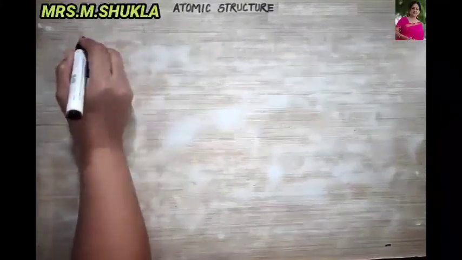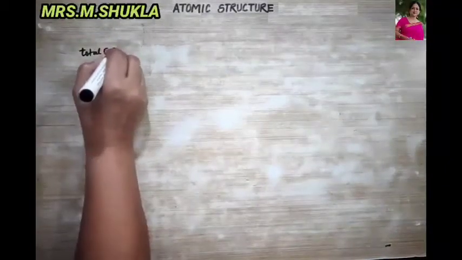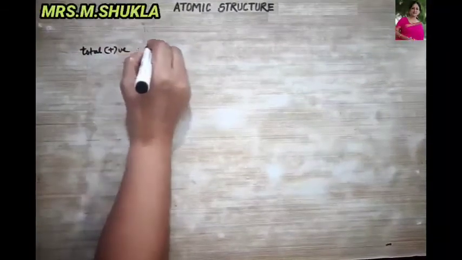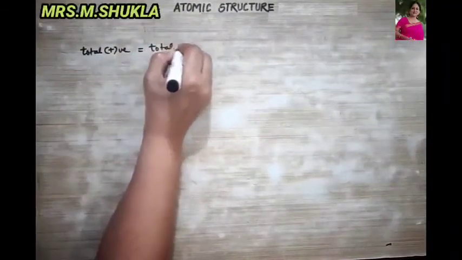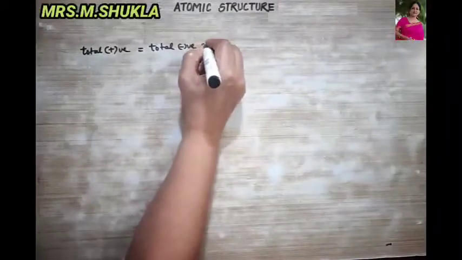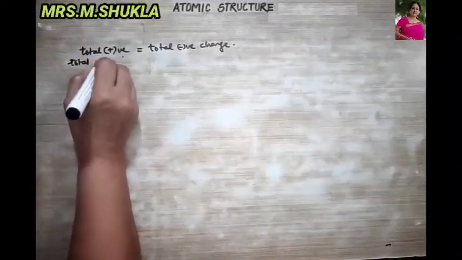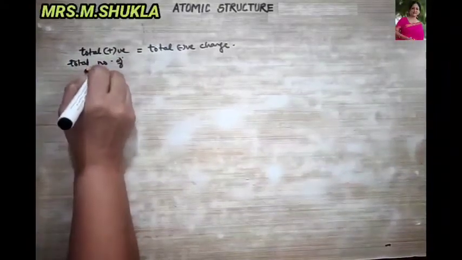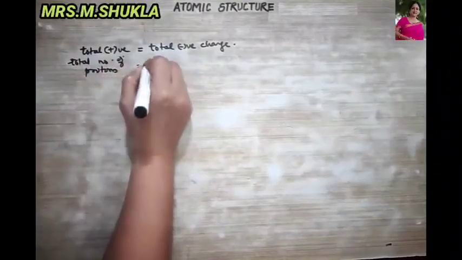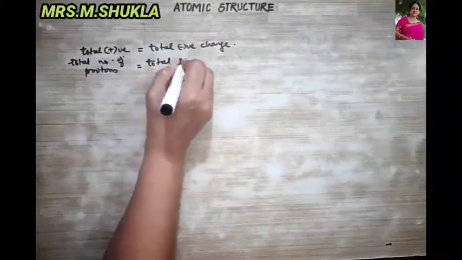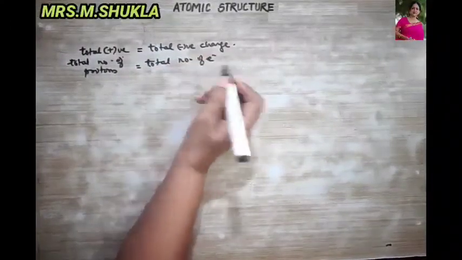So what does it mean that atoms are electrically neutral? That is, total positive charge is equal to total negative charge, isn't it? That is, total number of protons are equal to total number of electrons.